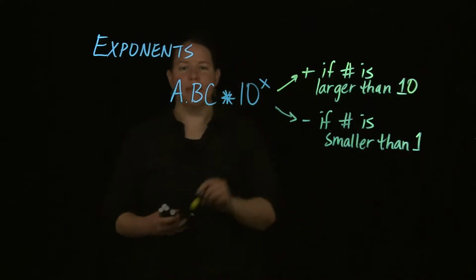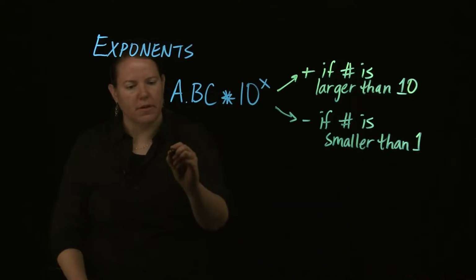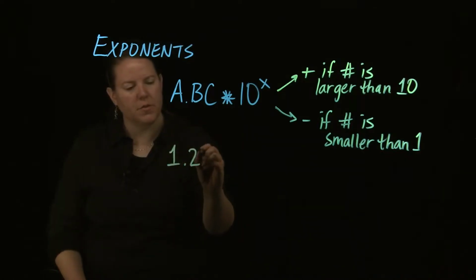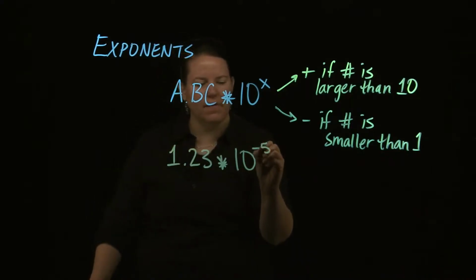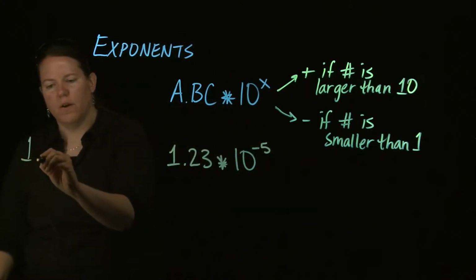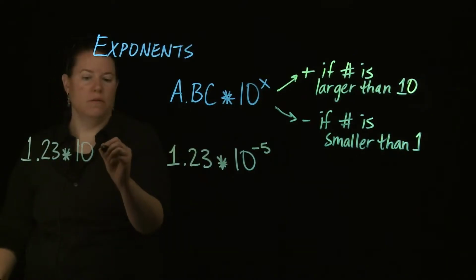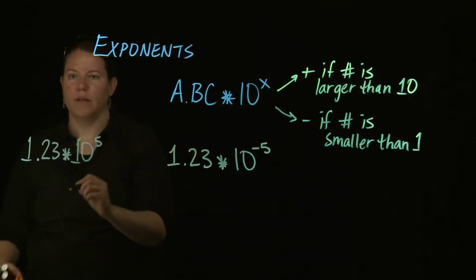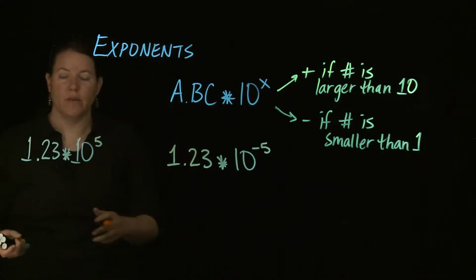Okay. Having said that, if we get a number like, let's just make up something, 1.23 times 10 to the negative 5th versus 1.23 times 10 to the positive 5th, the way you plug this into your calculator differs only in the negative versus the positive.